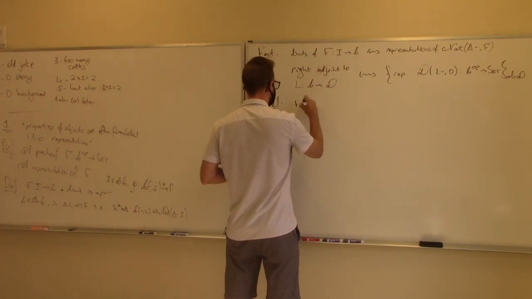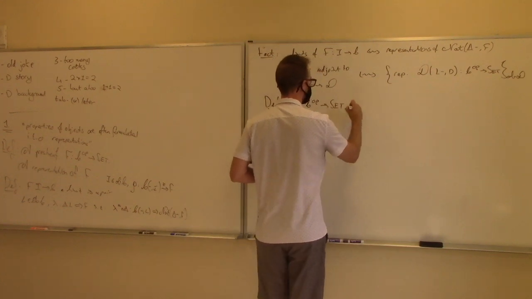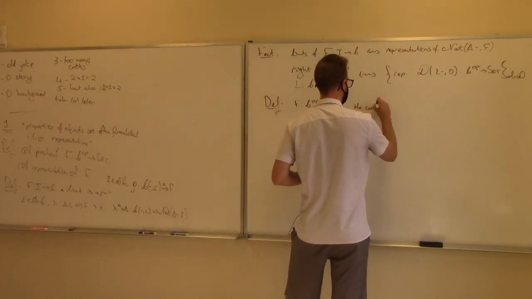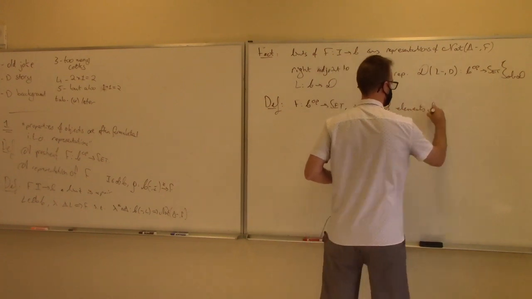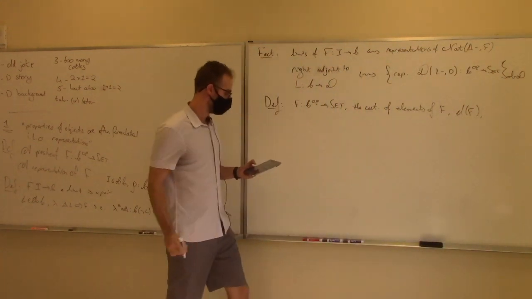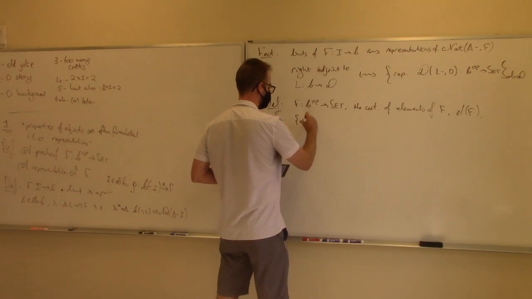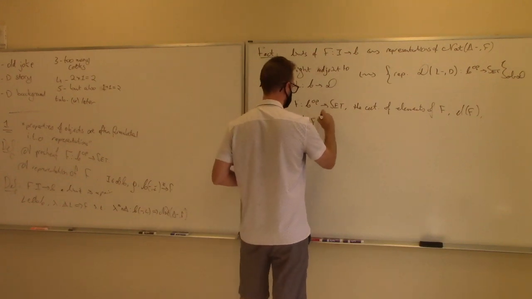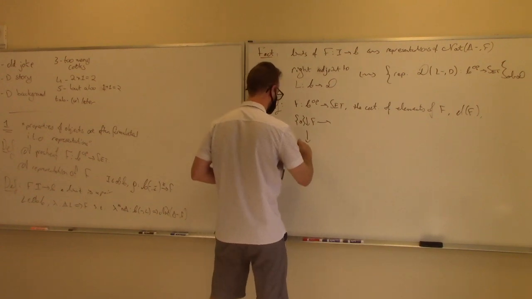So given a functor, a presheaf, we say that the category of elements, written LF, is defined to be a certain slice or comma category, I guess, which, if you like, is defined to be a certain pullback.